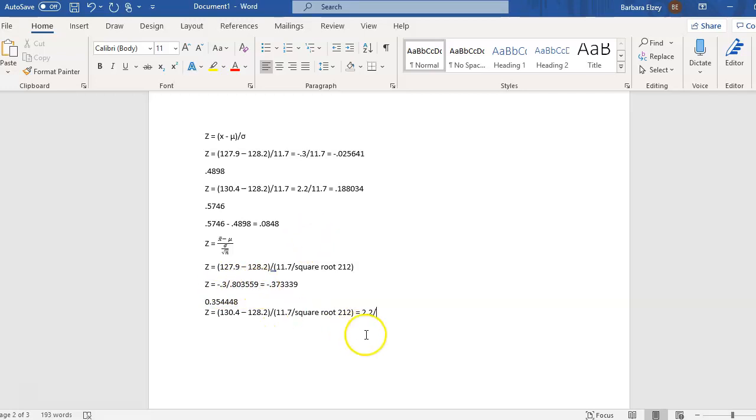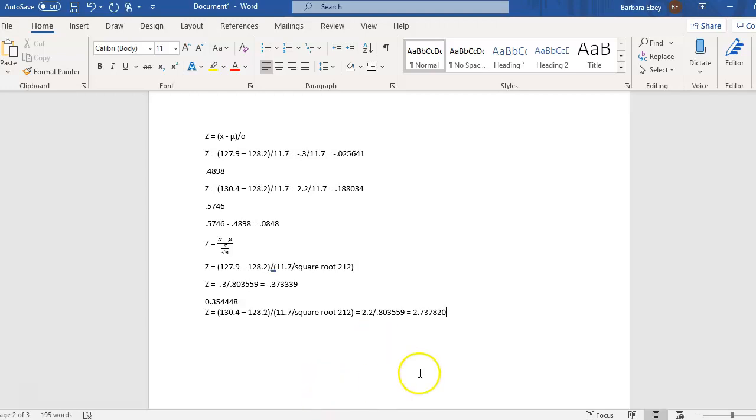It's 0.803559. And now let's let our calculator do the work. 2.2 divided by 0.803559. And that is going to give us 2.73782. Last one is a 0, so don't really have to write that.